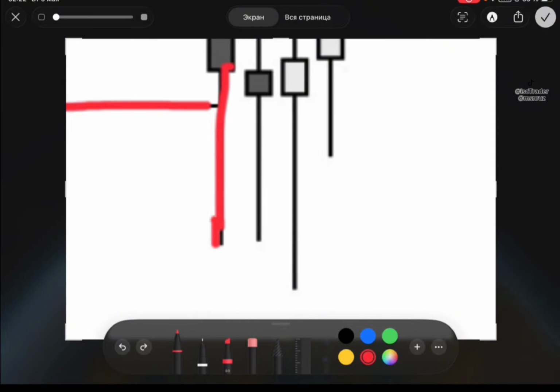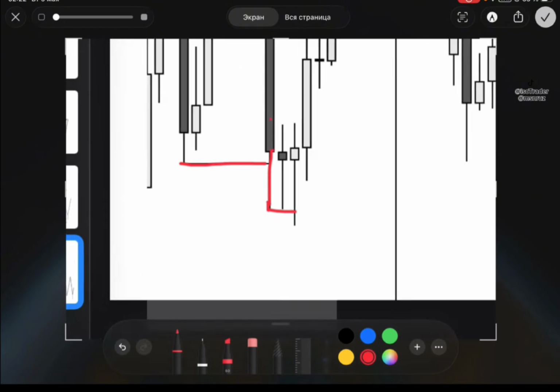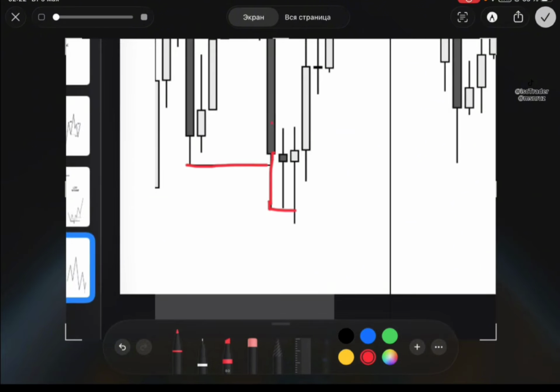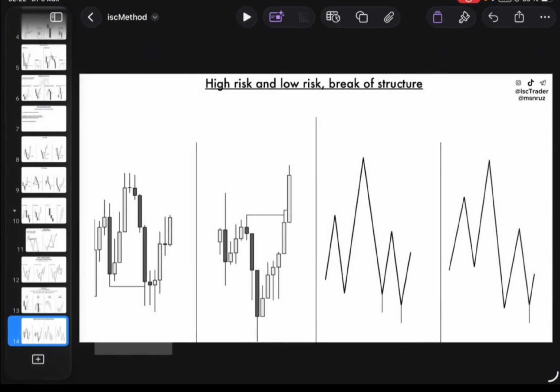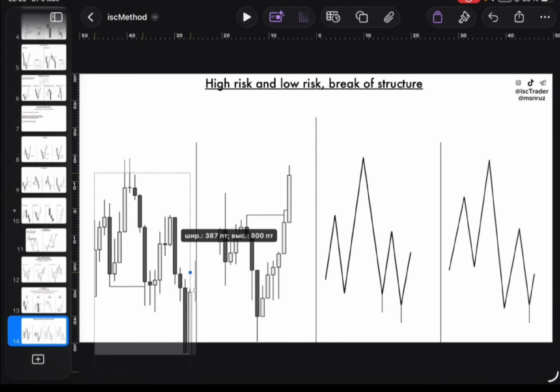And as you can clearly see right here, the candles that followed it didn't break it with their bodies either. Meaning it just left its shadow behind, and then it actually started moving towards a buy. There hasn't been any sort of breakout here, so it's high risk.